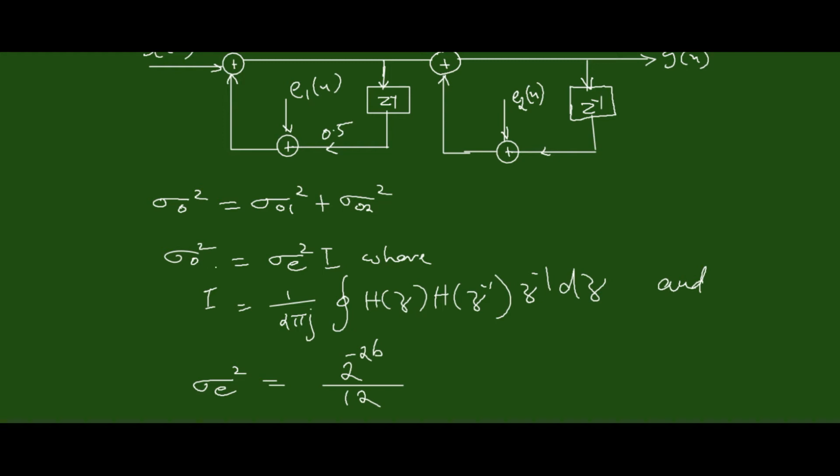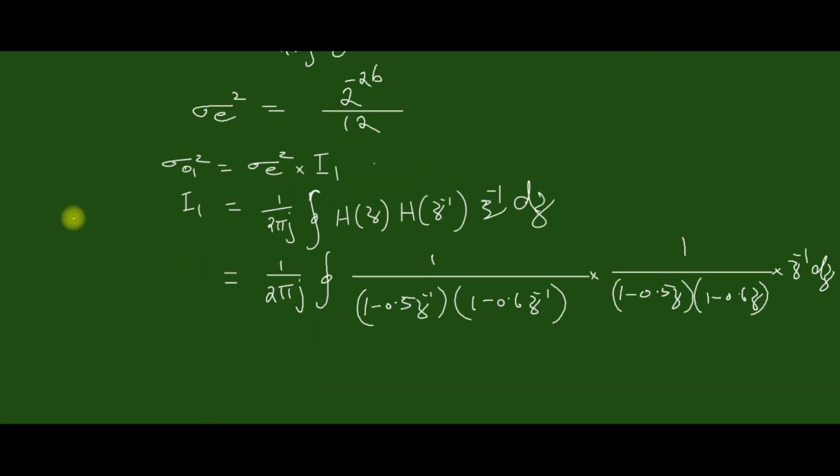Here in general, the output noise power is given by the expression sigma e square into I, where I is given by this contour integral of this part, and sigma e square is given by 2 raised to minus 2b by 12. So here sigma e square is known as the input quantization noise power, and here b is the number of bits excluding the sign bit. So in our case, the number of bits are not given, so we can continue with this notation b itself.